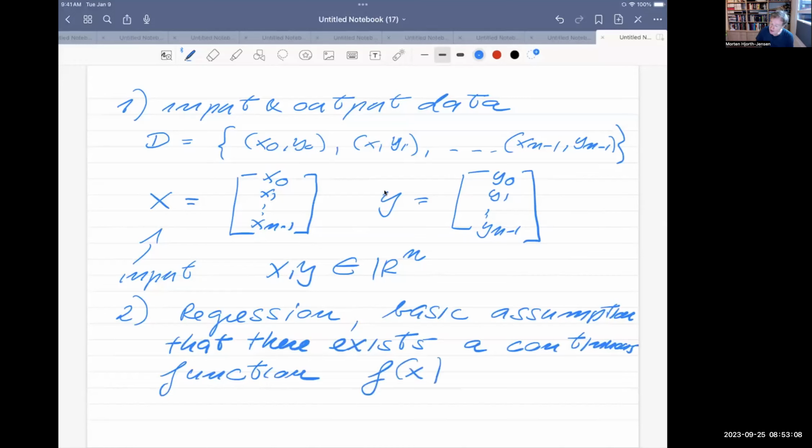When I write it like this, without the subscript, this represents a vector. When I put the subscript, then we are normally looking at a scalar, just a number. When I don't put the subscripts, you should be able to interpret from the context whether this is a vector or a matrix. So there's a continuous function f of x, which is also non-stochastic.